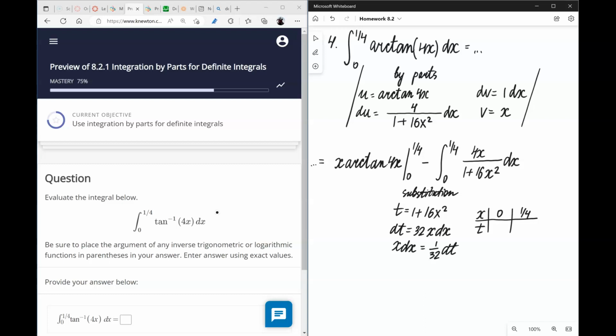When x is equal to 0, t is equal to 1. And when x is equal to 1/4, t is equal to 2. So that's my substitution. Now I'm continuing with the same solution, right? It's a continuous argument here, but now I'm using the fundamental theorem of calculus, so I throw in the limits of integration.